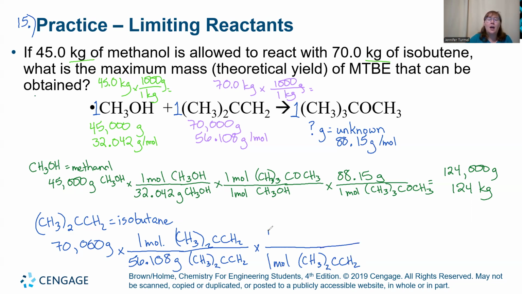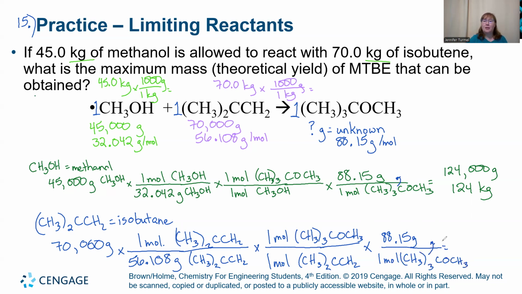And on the top, we'll have 1 mole. This is the same as what we had before of our MTBE, CH3COCH3. And now this part in a limiting reactant is always the same. We have 88.15 grams. I'm not going to write this twice. And on the bottom here, we have the 1 mole CH3COCH3.